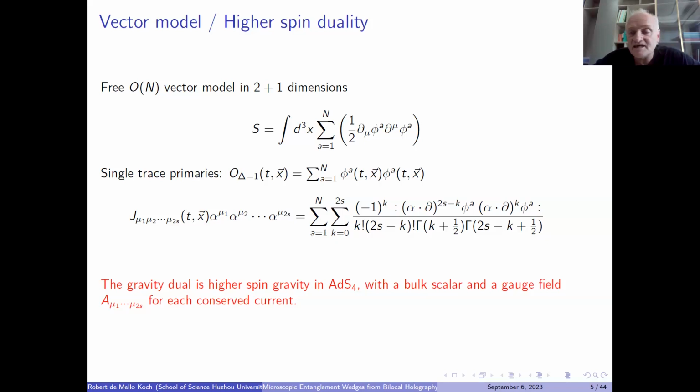There's an independent current for every even integer spin, so at every 2s for s integer, and the dimension of this operator is 2s plus 1. As usual, the spectrum of the single trace primaries tells us what is the field content of the dual gravitational theory. So the dual gravity will contain a bulk scalar and a gauge field for each conserved current.